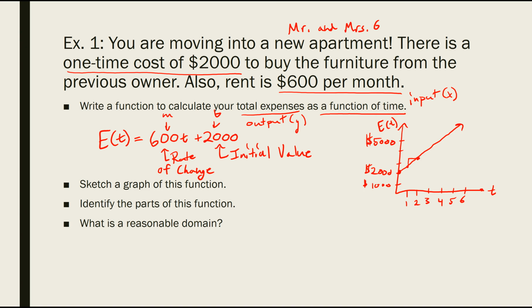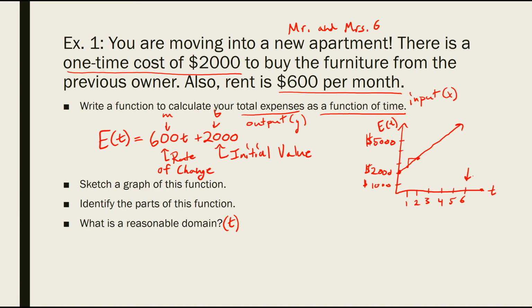Let's talk about what a reasonable domain is. If you remember, the domain is all of the x's that you can plug in, or in this case, all of the t's that I can plug in. Can I go lower than 0? Definitely not. Can I go higher than, say, my graph?